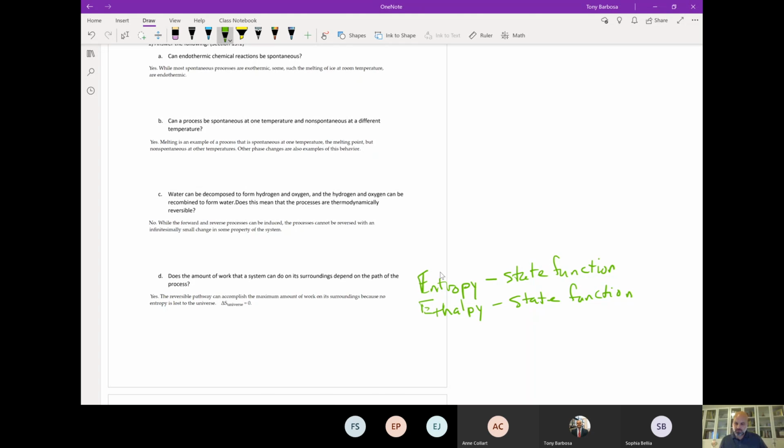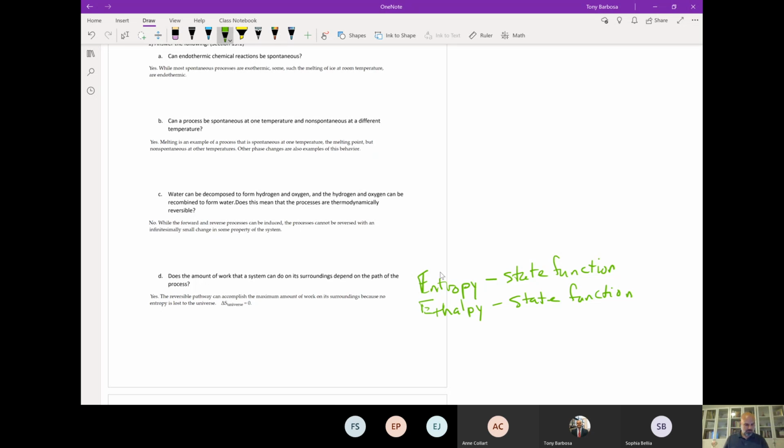Pressure volume work, 172. It's probably around 168 in the textbook. It's approximately when they start talking about it. It's in chapter 5 when we're talking about thermochemistry and heat.